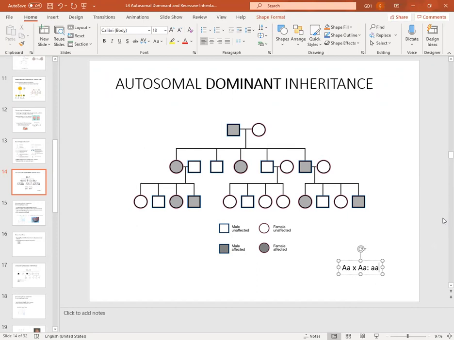Some generations will lack the disease. But in here you can see that all generations have the disease. That means dominant, not recessive.